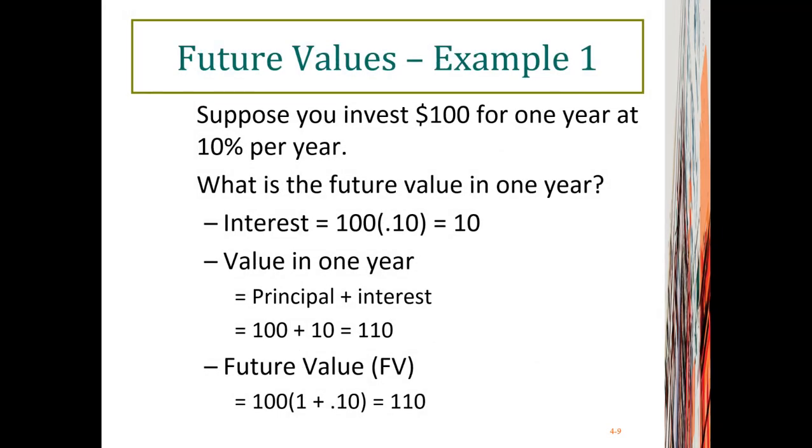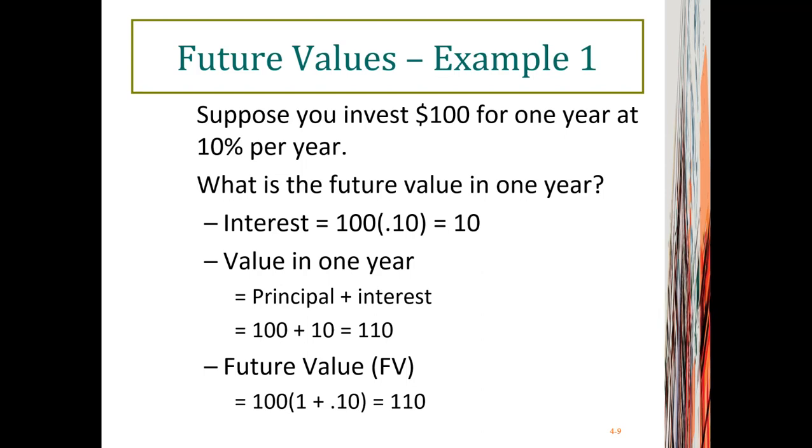Now let's take a look at a very simple example in calculating future value. Suppose you invest $100 for 1 year at a 10% interest rate. What is the future value 1 year from now? When you invest $100, you know that you will receive interest, and interest equals 10% of $100.